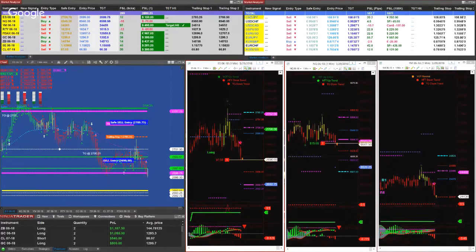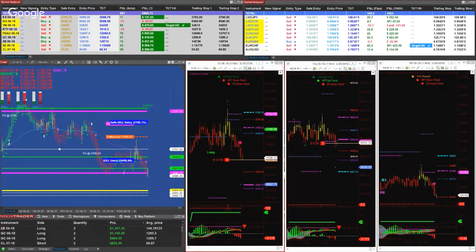So let's go ahead and take one small short ES, and one NASDAQ. Also, I couldn't do the YM, I couldn't keep up with everything. But we have a short trade on the ES, and we have a short trade on the NASDAQ.